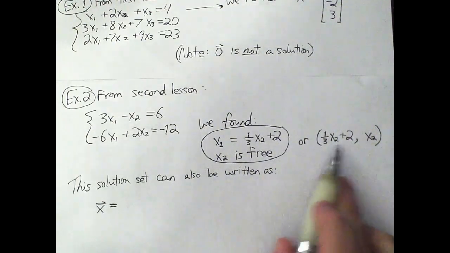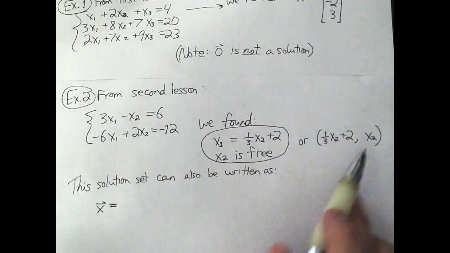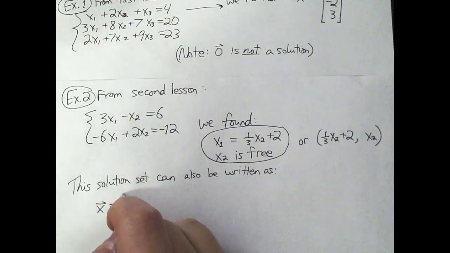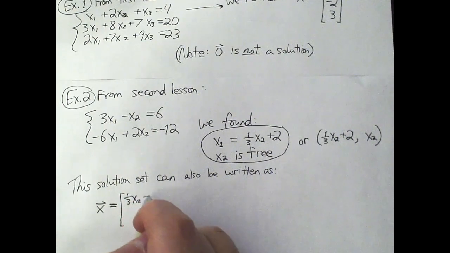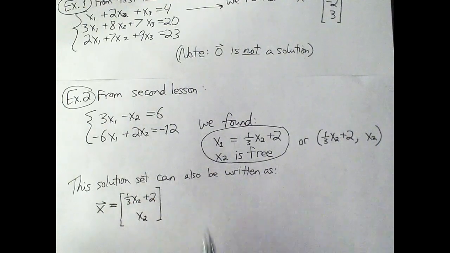I could take the coordinates from this. When we wrote it out as something comma something, we could write 1/3 x2 plus 2 and x2. That's one way to write it. I'm actually not going to circle that yet because I want to do something else with it.